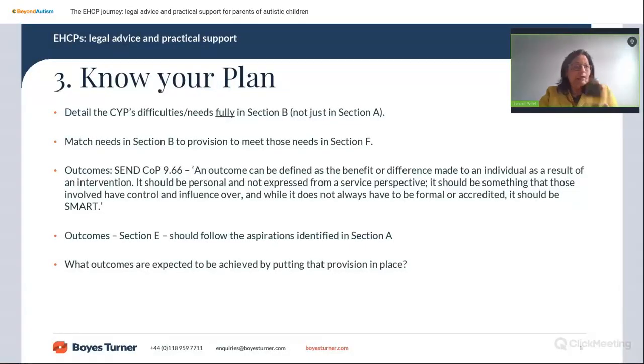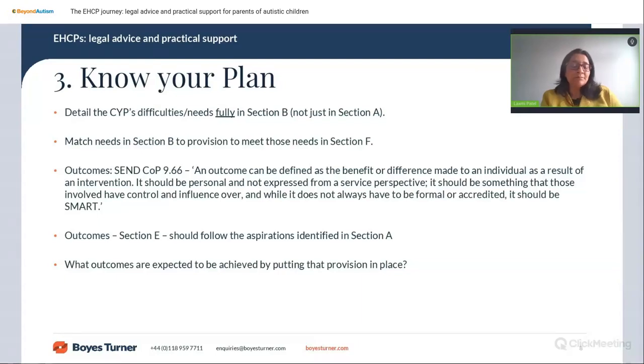So, as I've said, do detail all the child's difficulties fully in section B, not just in section A, so that's something to look out for. And make sure, as I've said, that any needs in section B are matched with provision in section F. Outcomes, this is section E. Do remember the outcomes. Some people find these very difficult to draft, but they must be very specific.